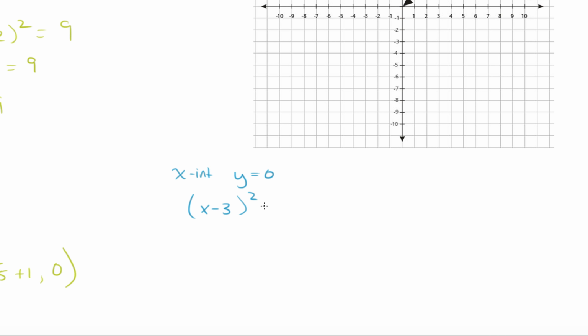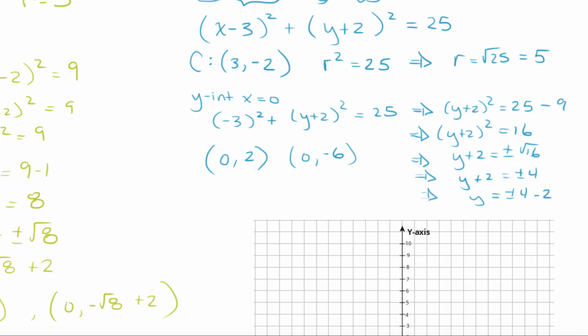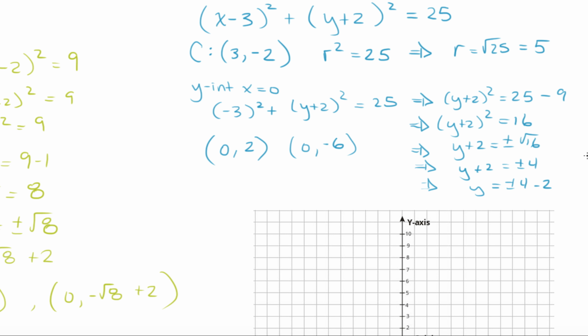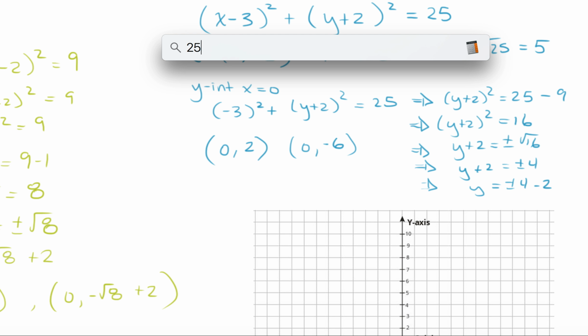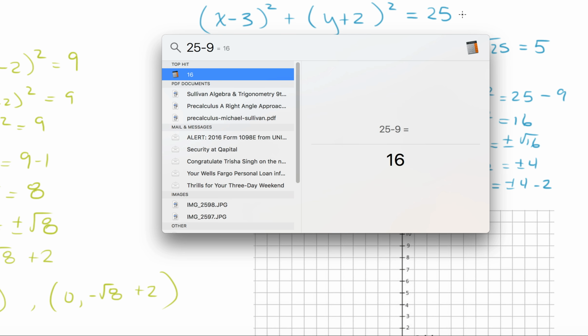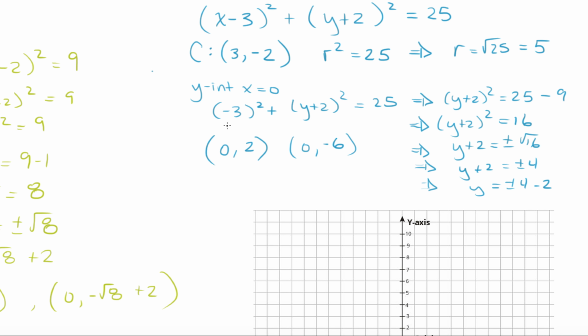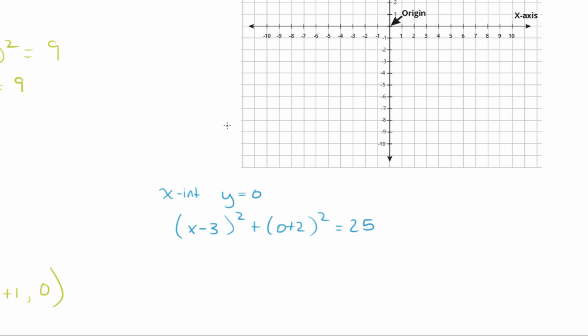And then plus 0 plus 2 squared equals 25. Wait a minute, 25 minus 9. Let me see, give me 1 second. I think 25 minus 9 is 16. Okay. Yeah, we're good. Solid.